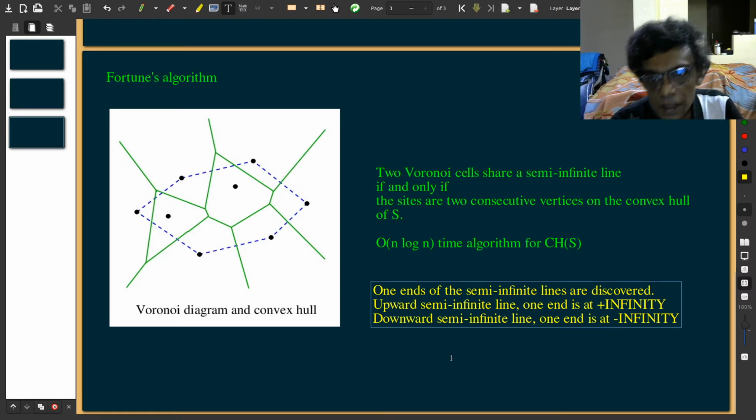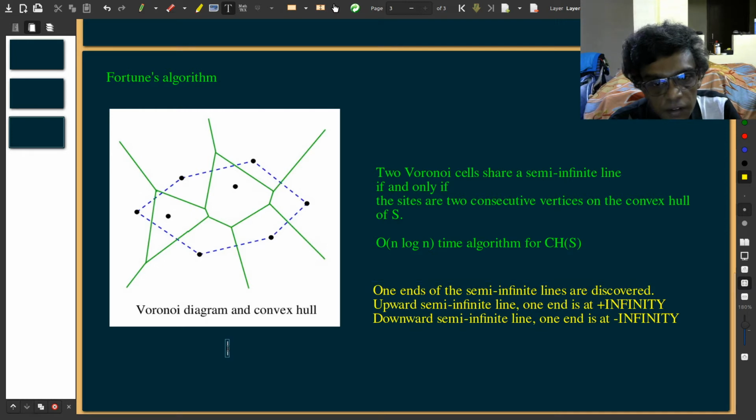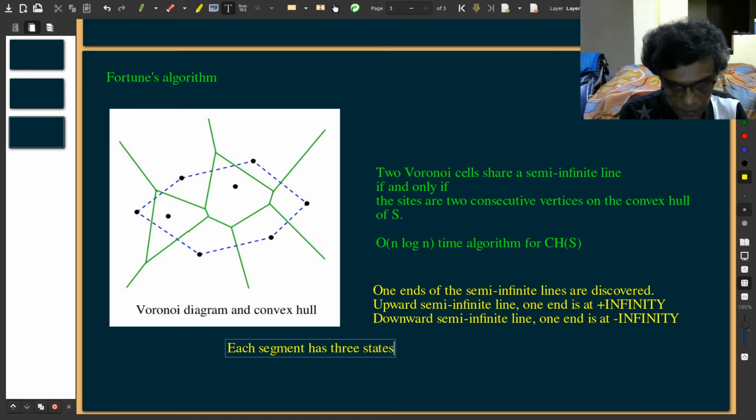The important thing is that as we gradually proceed, we will discover this point, then this point, then maybe this point, then this point, in this order. Whereas for the semi-infinite lines, one end is already discovered. So each segment has 3 states.